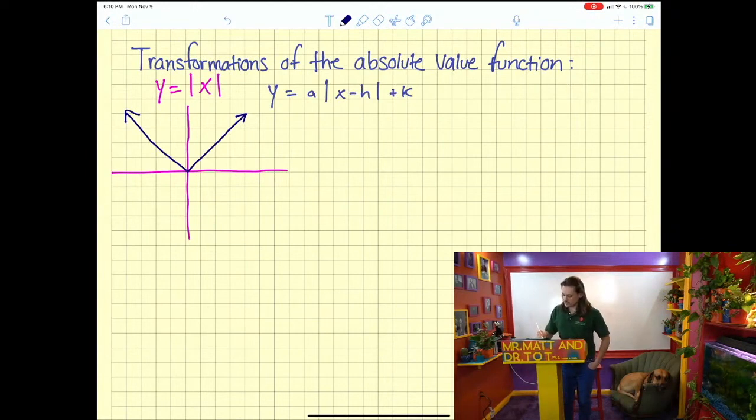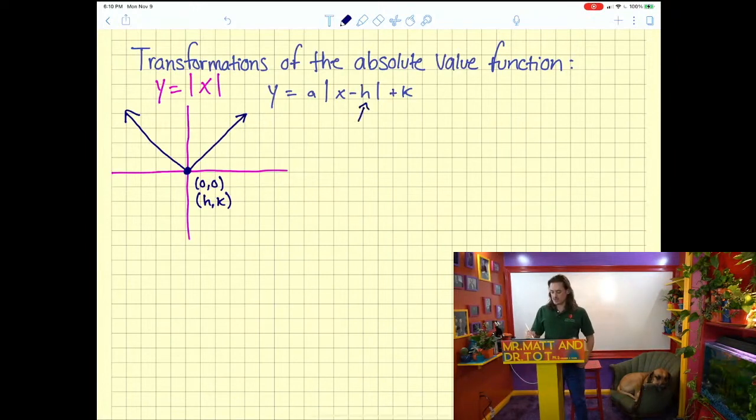And notice that the vertex of the parent function is at 0, 0. We're going to think of that as h, k. This h value represents your horizontal shift, and this k value represents your vertical shift.